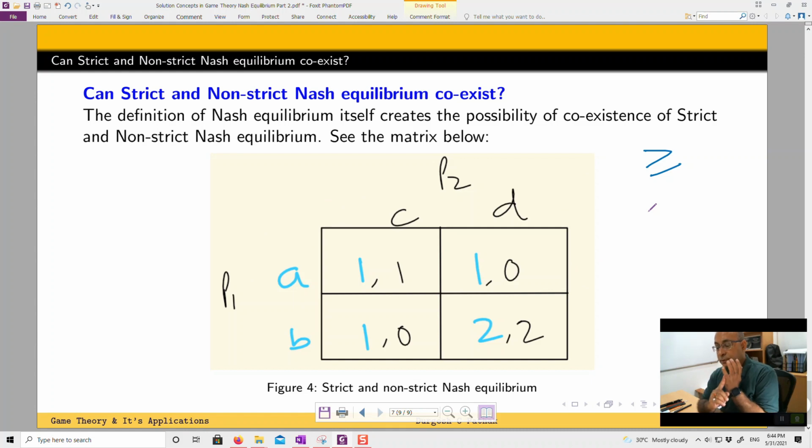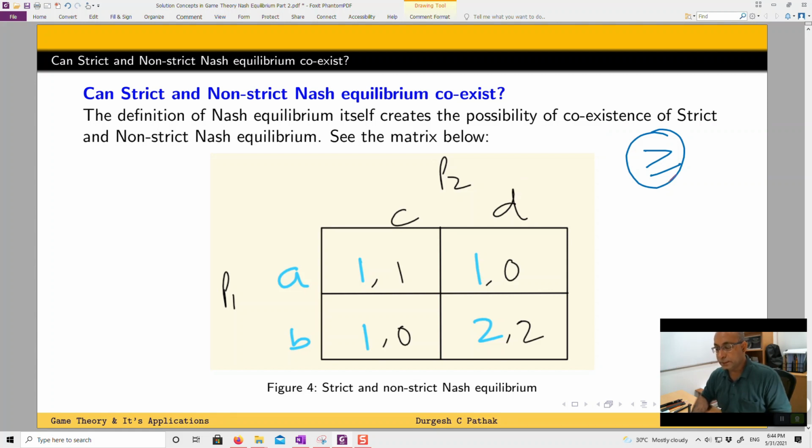So in this particular lecture, we discussed the idea of strict and non-strict Nash equilibria. We realized that the symbol greater than or equal to plays a crucial role in defining Nash equilibrium and its types. When we have a strict greater than, then we have strict Nash equilibria.